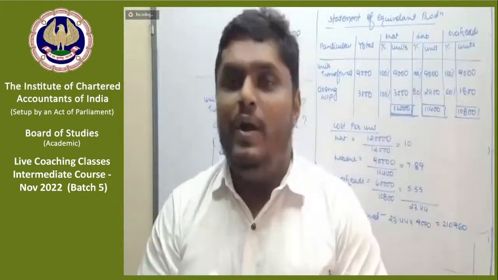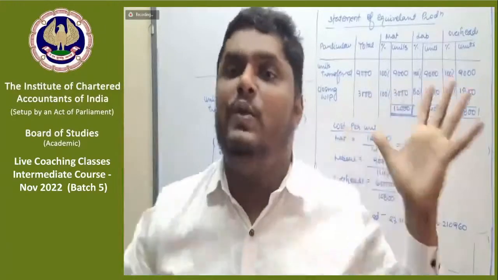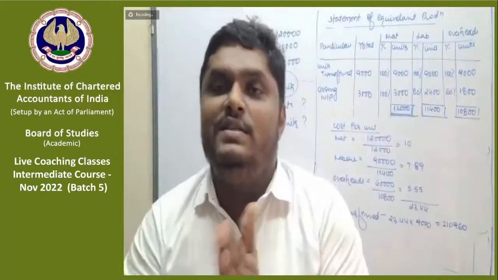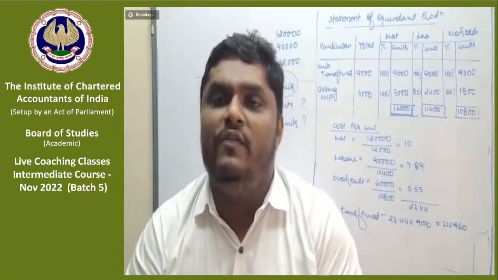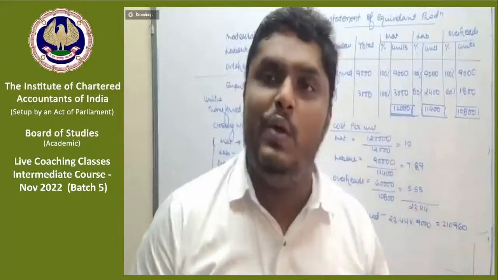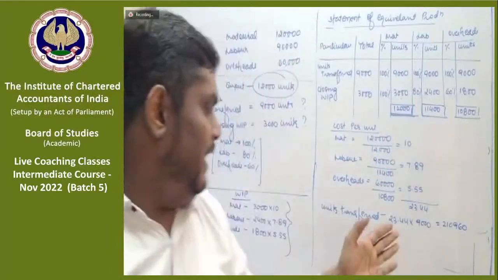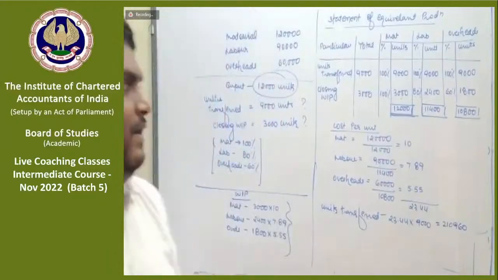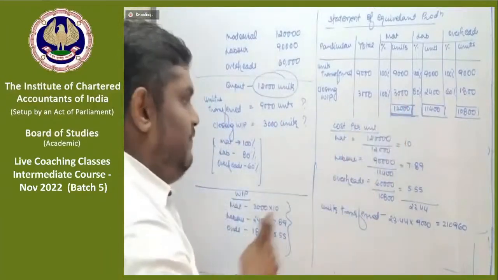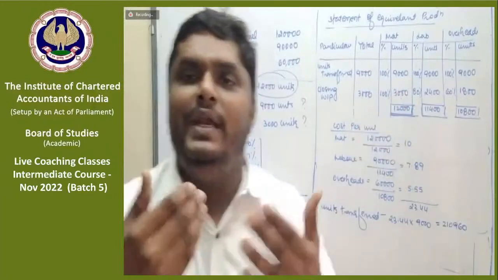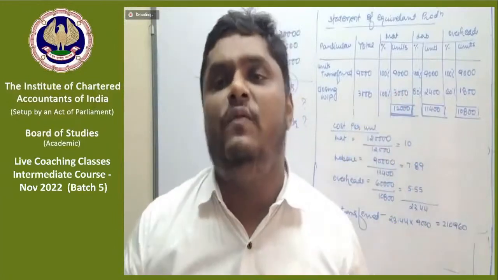So I hope you guys are thorough with the concept of equivalent number of units now, wherein we discussed how to calculate the equivalent number of units, how to calculate the cost per unit, how to calculate the value of finished output, and apart from this, how to value work in progress, wherein we have taken directly the figures from the equivalent production statement only. No need to calculate the cost per unit of work in progress.